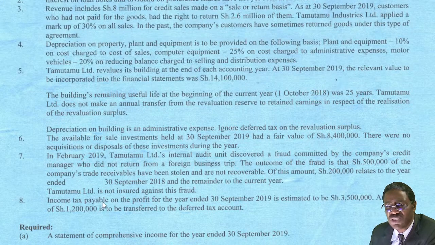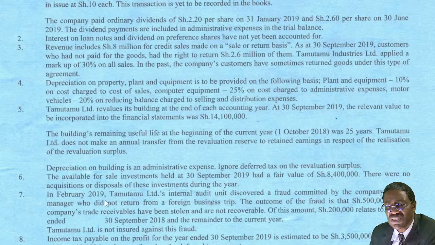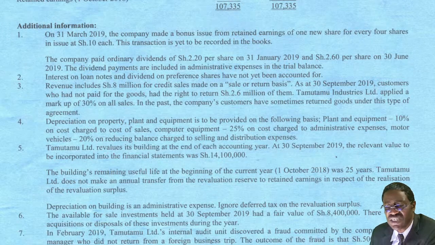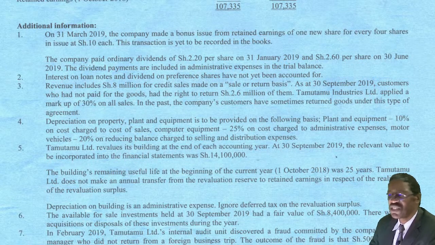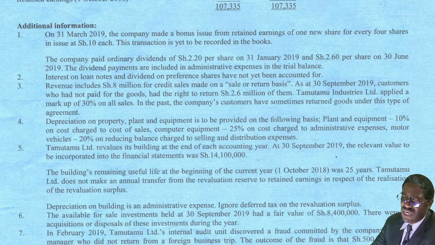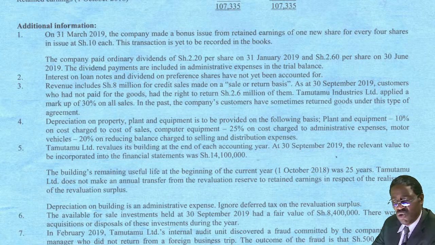Let me see which one. Yes, you can even see there, note number 4. Depreciation on property, plant and equipment is as follows. Plant and equipment, 10% on cost, charged as cost of sales. So automatically it tells me the figure I'm given in the trial balance for cost of sales is wrong. Obviously. That's what we are saying.